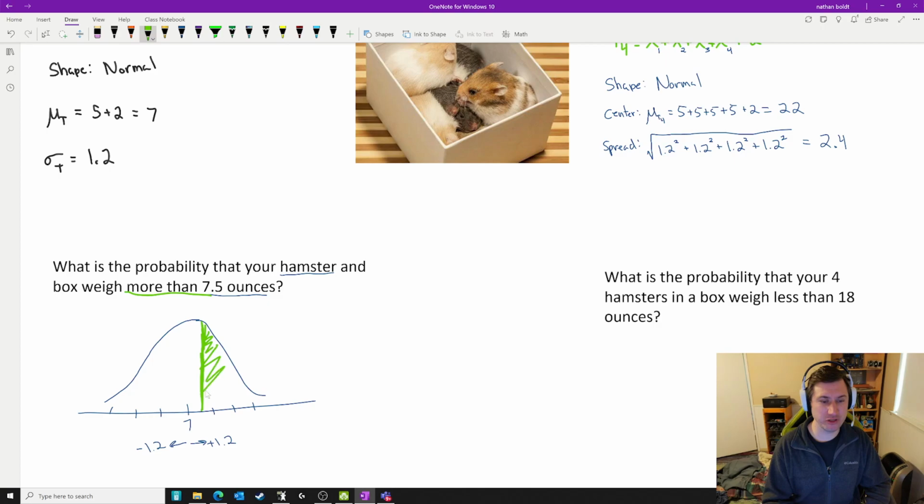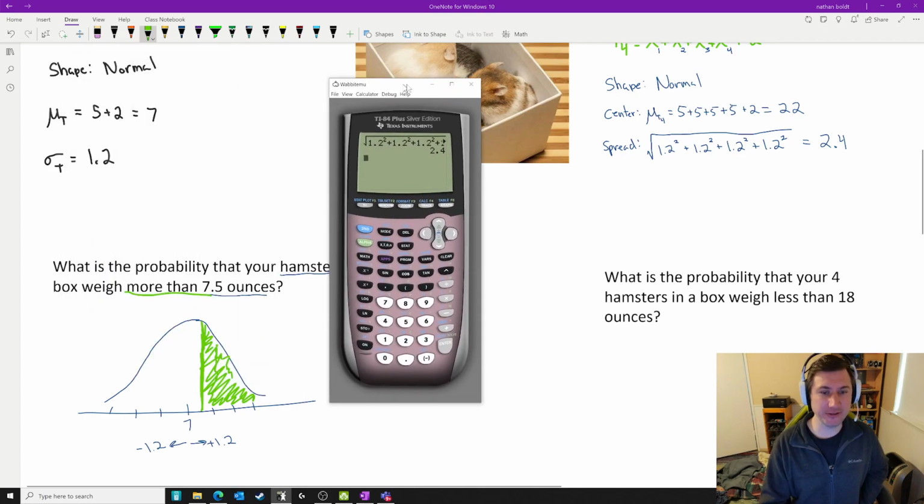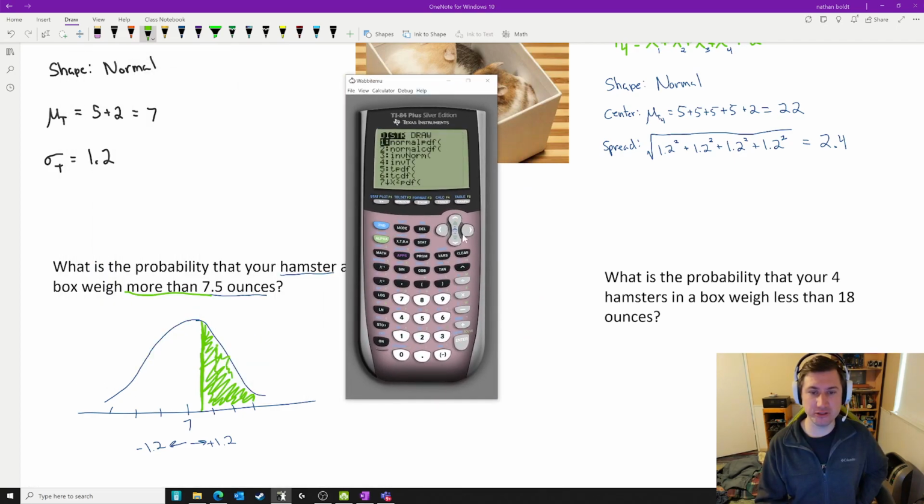So I want to shade in this right here and find that area. Well, that's simply a normal CDF. So grab your calculator, second distribution, normal CDF. The lower is 7.5. The upper is infinity because it's going up forever. And then our mean is 7, and the standard deviation is 1.2. And so we get 0.338.